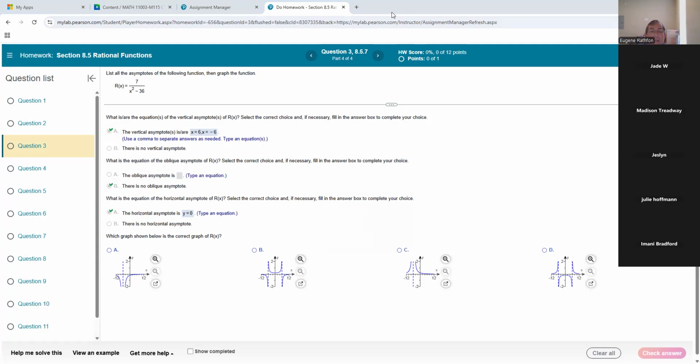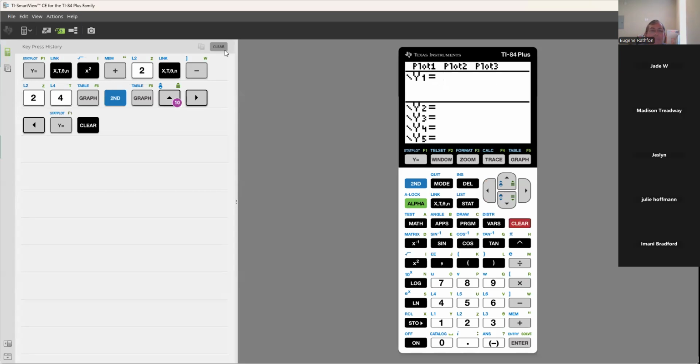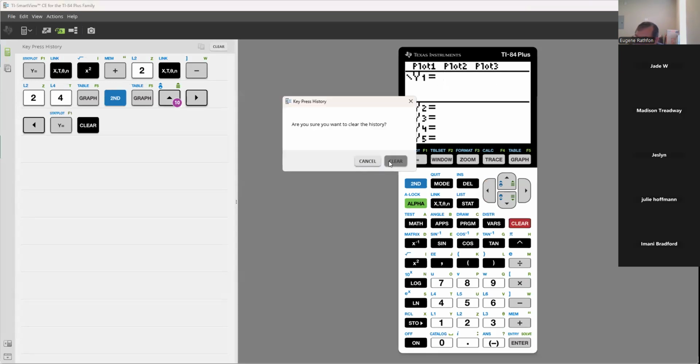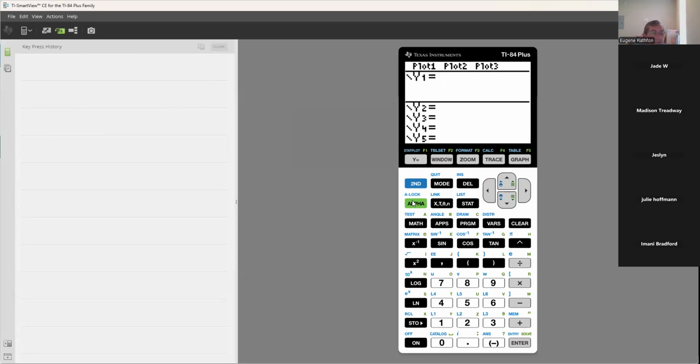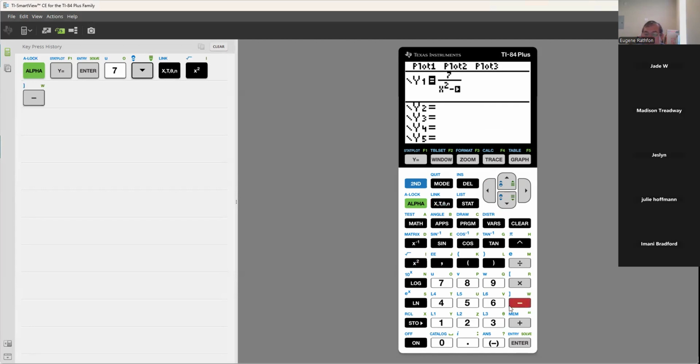So I'm going to go to my calculator. Go to y equals and clear that. All right, so I'm going to make it look like a fraction. Alpha y equals and enter. You definitely want to make these look like fractions, okay? So you'll have a 7 on top. And then on bottom I had an x squared minus 36.